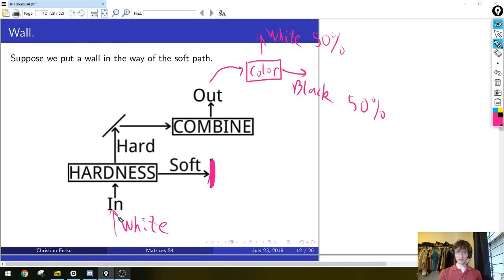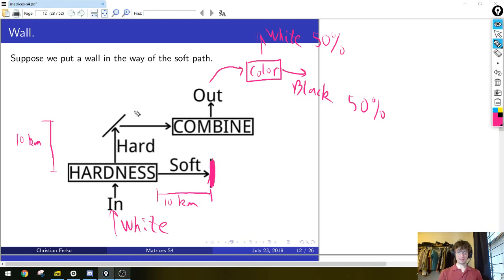It tells the electrons entering the hardness box, hey, you shouldn't exit white anymore; now you should exit half white and half black, or something. If you're afraid that might be the case, you can repeat this experiment where you increase the length of these arms, the distance between the box and the wall, so it's, say, 10 kilometers. You can make this as long as you want.